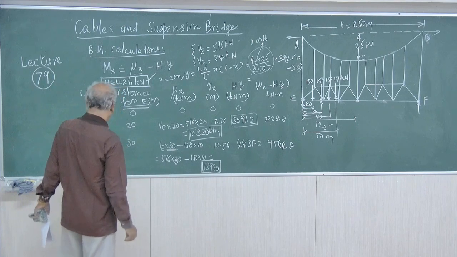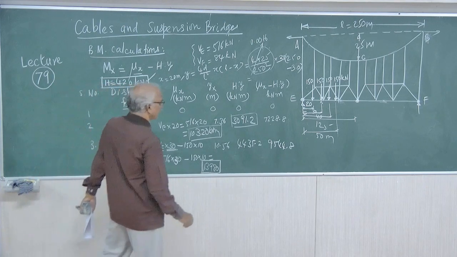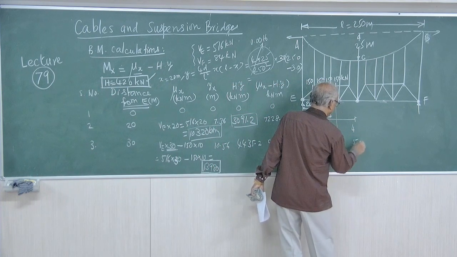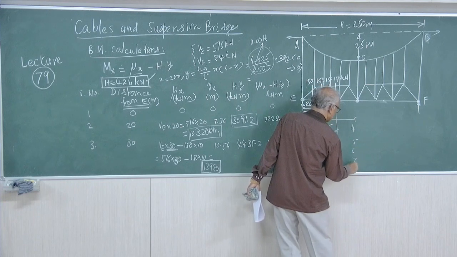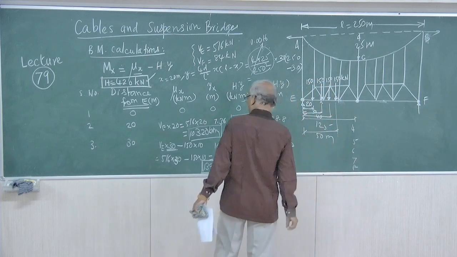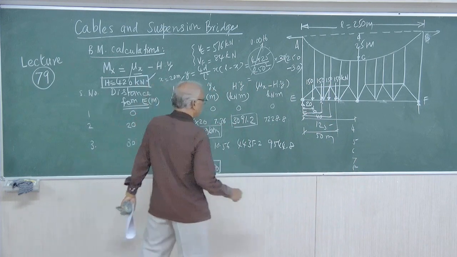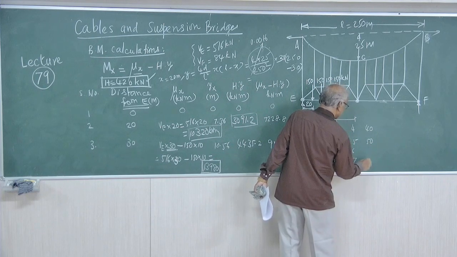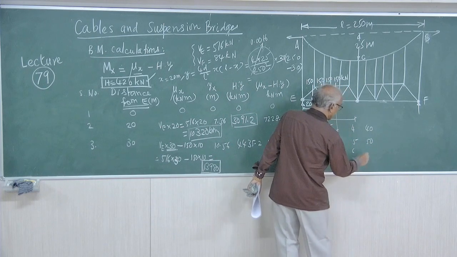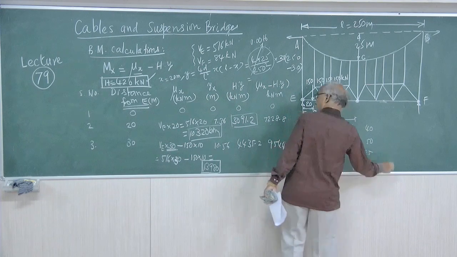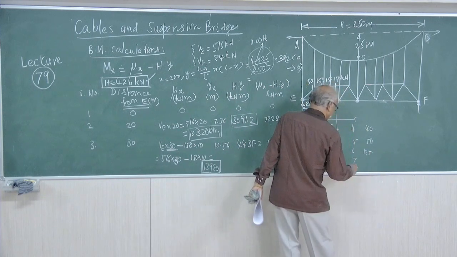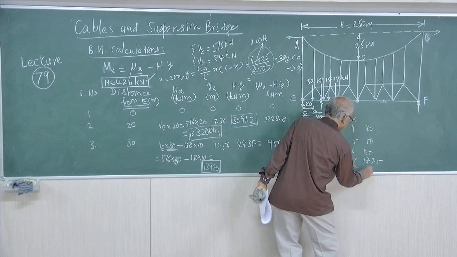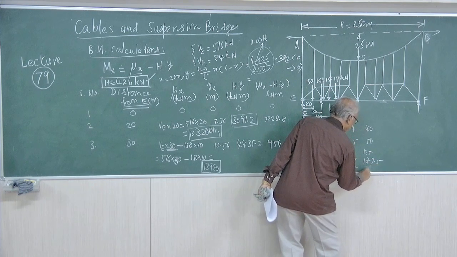Now similarly, let us take the fourth value. This is 30 meters, this is 40 meters, 50 meters, and after 50 meters, let us take the mid span 125 meters, the right quarter span 187.5, and the right hand support 250.